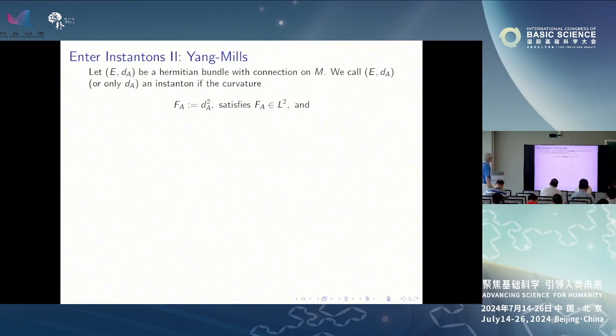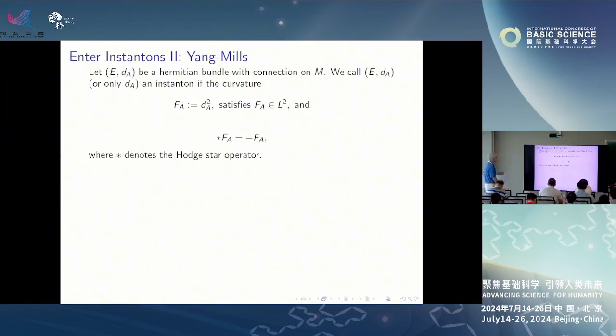So I call (E, d_A) an instanton if its curvature, so my d_A, I always think of my connection as being the analog of the exterior derivative. So if I had the usual exterior derivative, of course, it squares to 0, but when I have a connection, it squares to the curvature. And an instanton, the first requirement is that the curvature be in L^2. I don't like to call things instantons if they're not L^2.